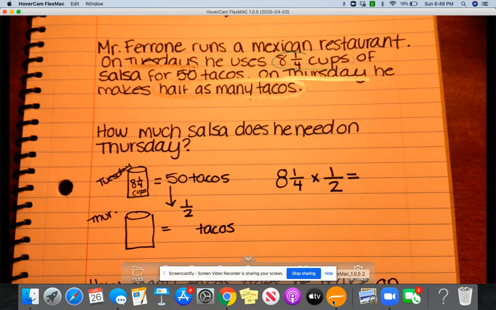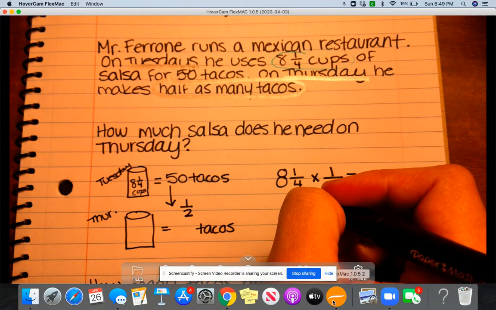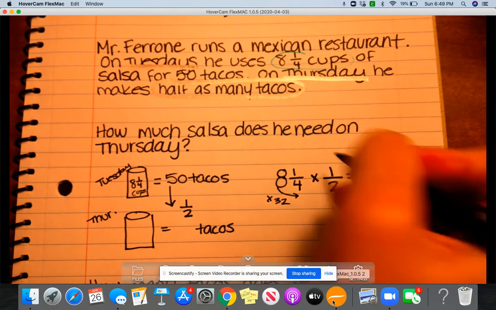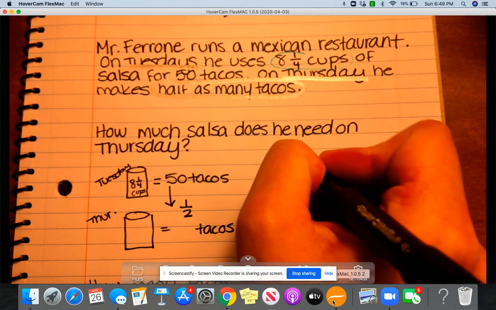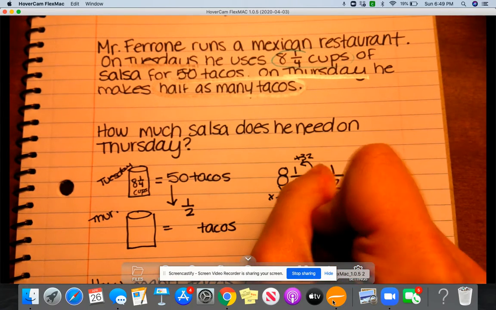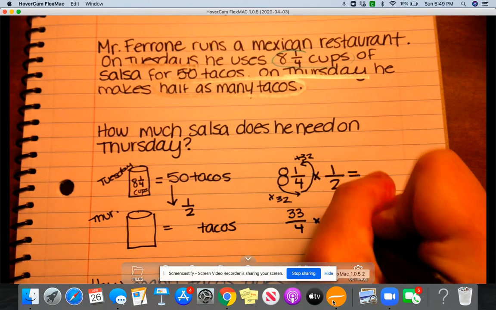So we can do 8 times 4, which is 32. And then we can add that to 1, which would be 33. So we would have 33/4 times 1/2.